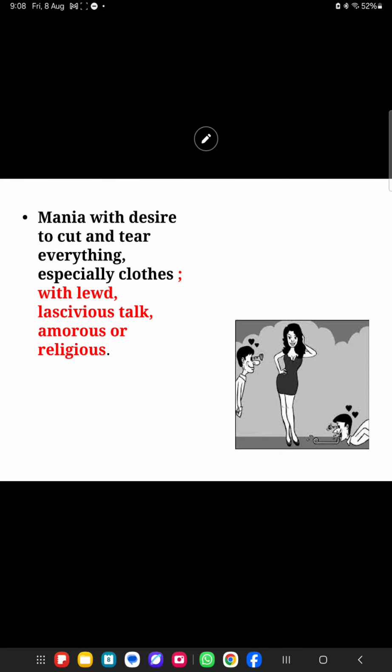And that's why, what will this patient do? He will try to put the chairs one after another. He puts one chair on top of another. Once you ask what he was doing, he will say, I am piling up these chairs, meaning standing them vertically. Why? Because if he is not occupied, he will destroy things, and he will pray for long hours, because this patient is having a mania.